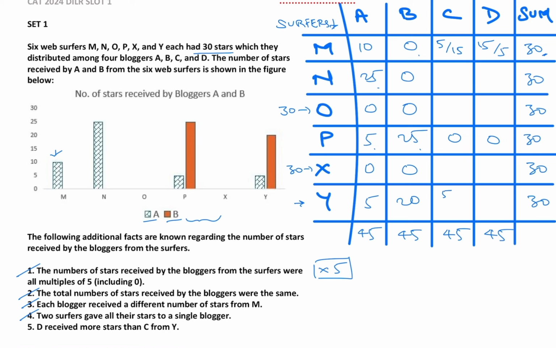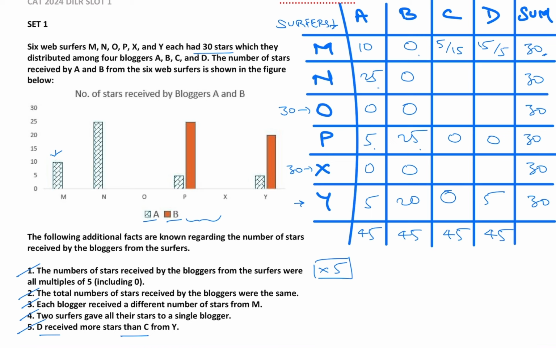So if this is 5, this has to be 0, and if this is 0, this has to be 5. Fifth point says that D has received more stars than C, which means that D will be 5 and C will be 0. Okay, so fifth point is also taken care of.